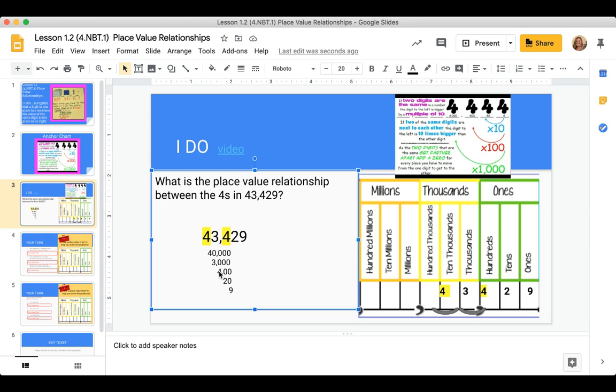What is the place value relationship between the fours in 43,429?